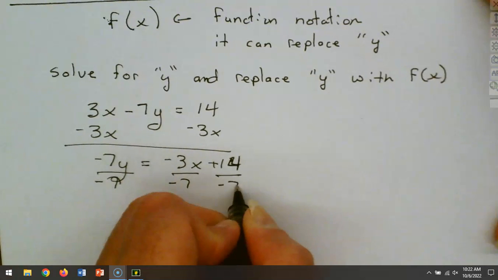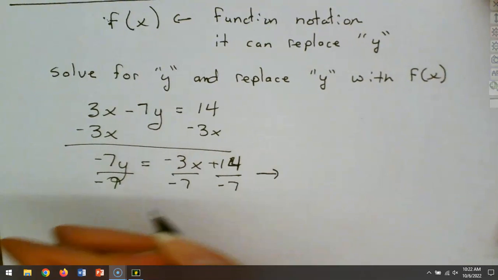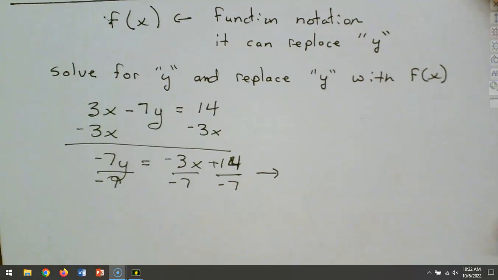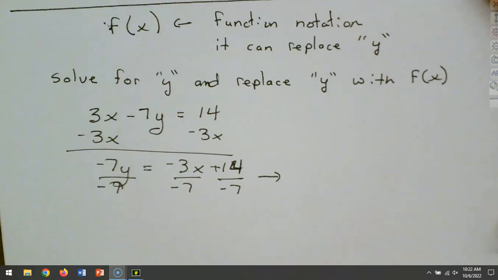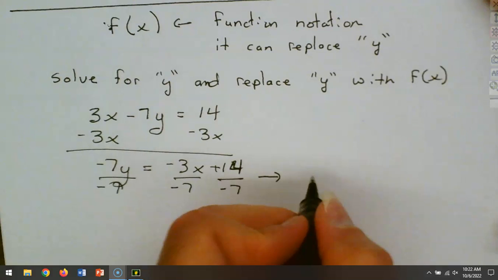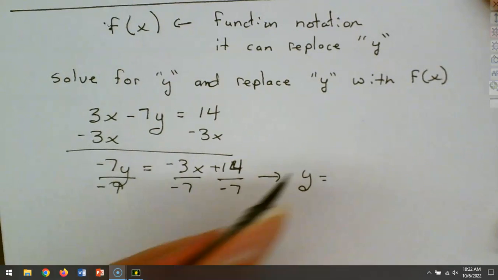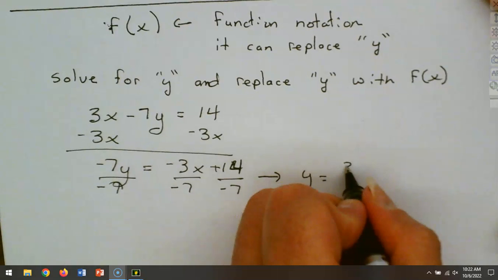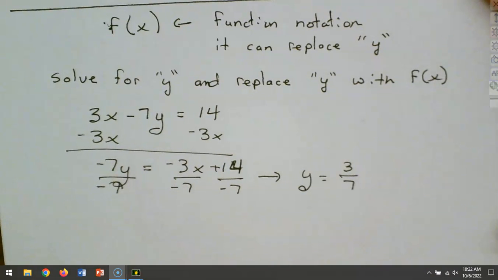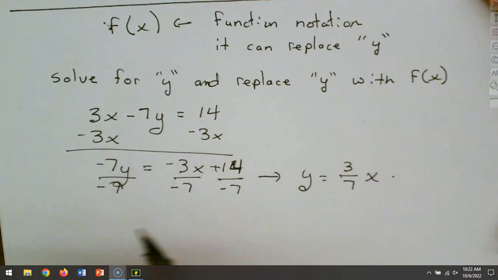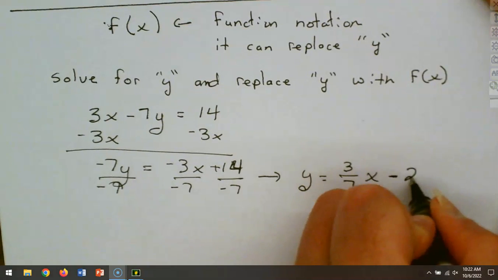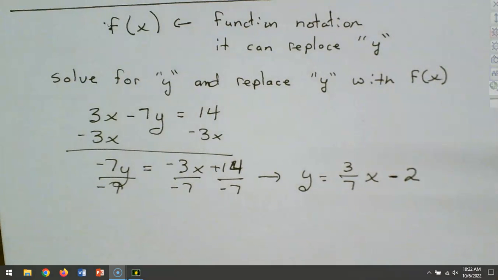This gets it in what's called slope-intercept form, which we'll talk about next week when we talk more about lines. So divide by your negative 7. That gives you y equals, negative and negative makes a positive, 3/7 x. And 14 divided by negative 7 is a negative 2.